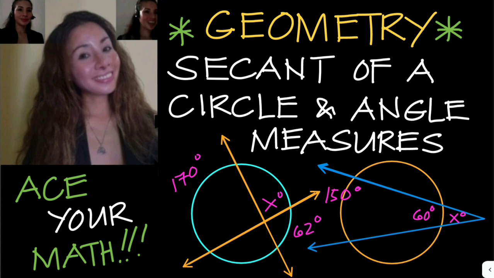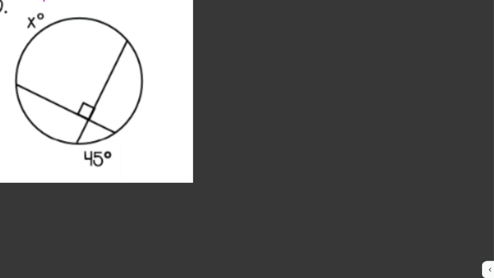But first, let's define secant. If this is our circle here, a secant is a line, ray, or line segment that intersects a circle in two places.